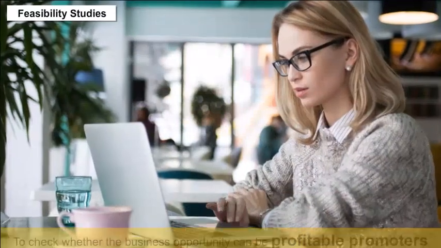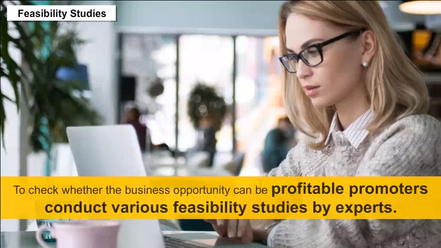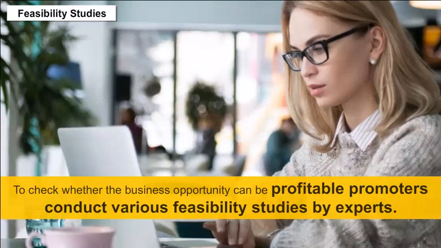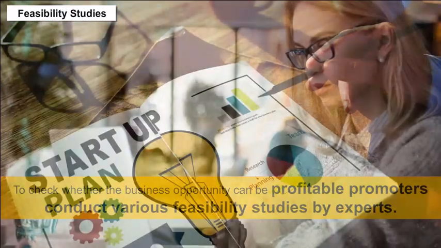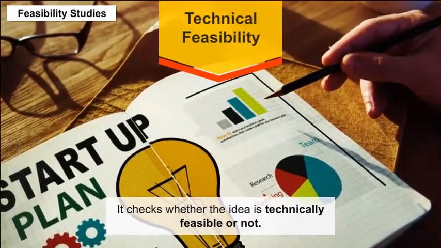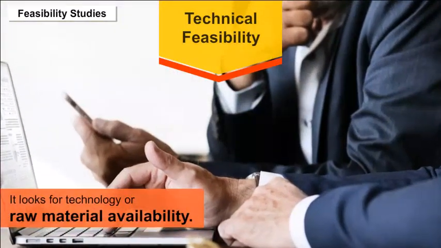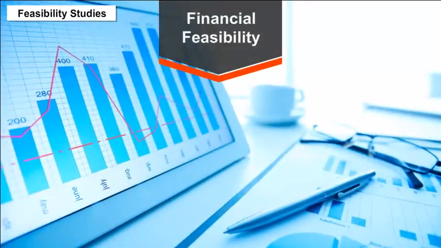Feasibility studies. To check whether the business opportunity can be profitable, promoters conduct various feasibility studies by experts. They are A. Technical feasibility. It checks whether the idea is technically feasible or not. It looks for technology or raw material availability. Financial feasibility.